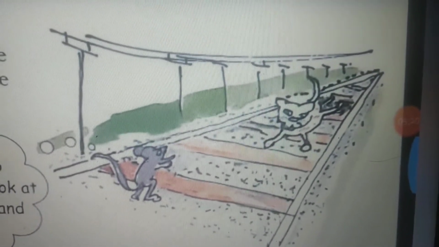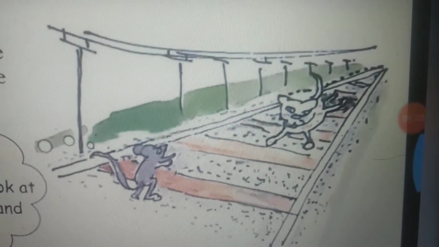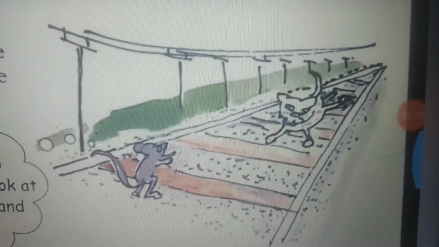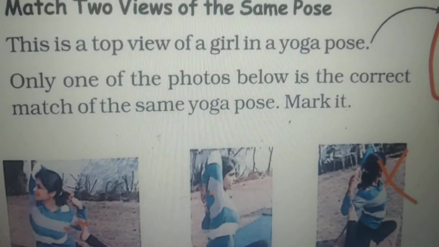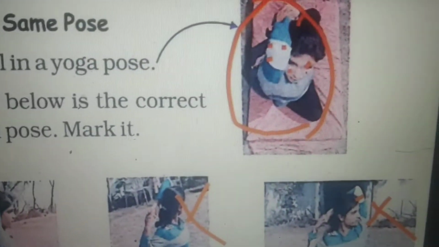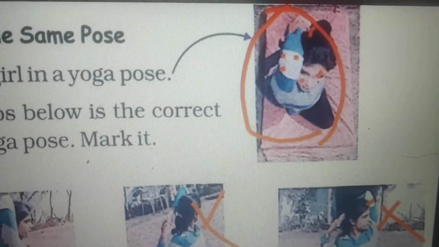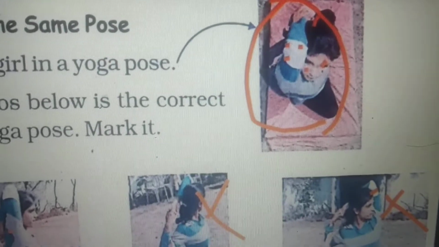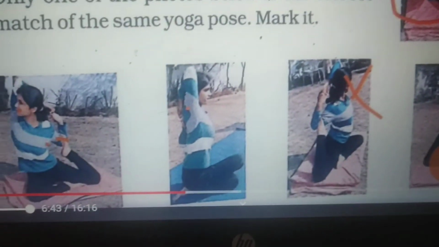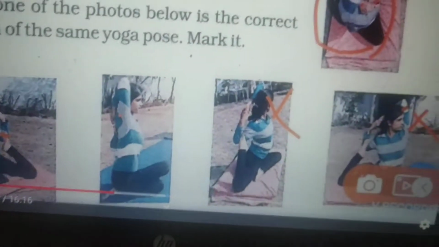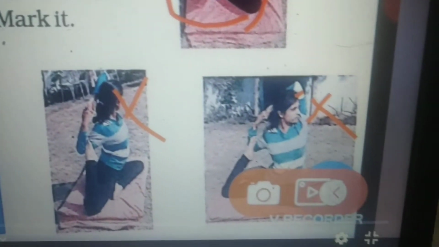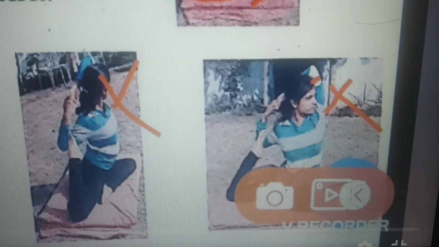Students, whenever we see things from the front end, they look bigger and the farther end looks smaller. This is the top view of a girl in a yoga pose. See, the girl has used her right hand and the leg we can see is also the right leg. So we have to match with all these 4 poses, which pose is exactly matching the given pose. In these two, she is using her left hand, so there is absolutely no possibility of these two pictures.